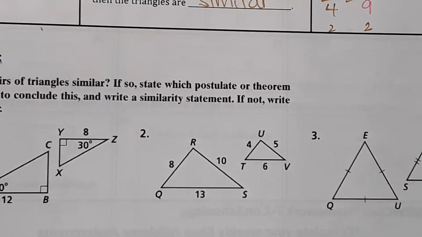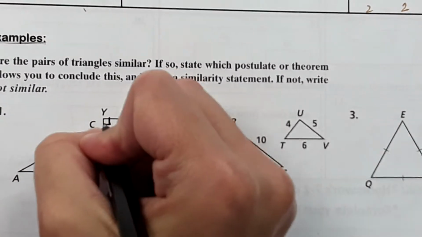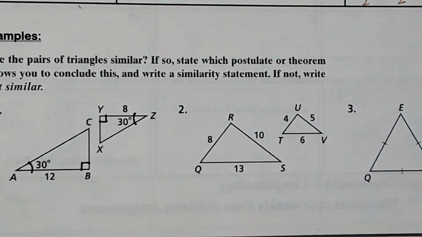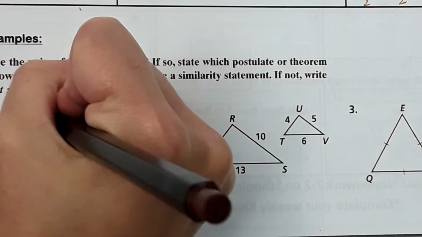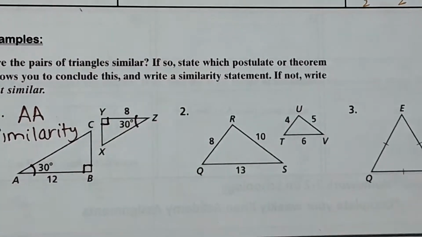So the first one here, I noticed that we have two 90-degree angles, and we also have two 30-degree angles. So I have two angles that are matching, so therefore I have angle-angle similarity. So yes, they are similar.